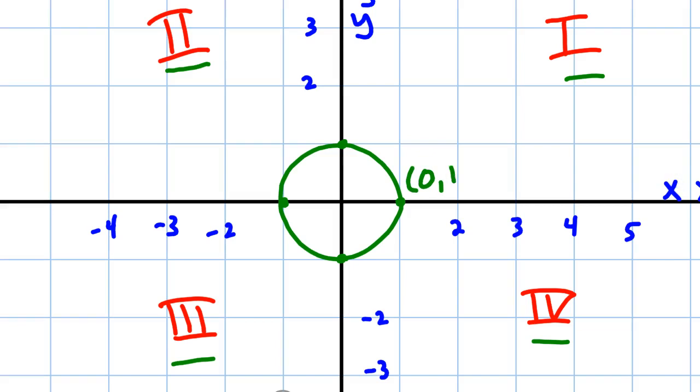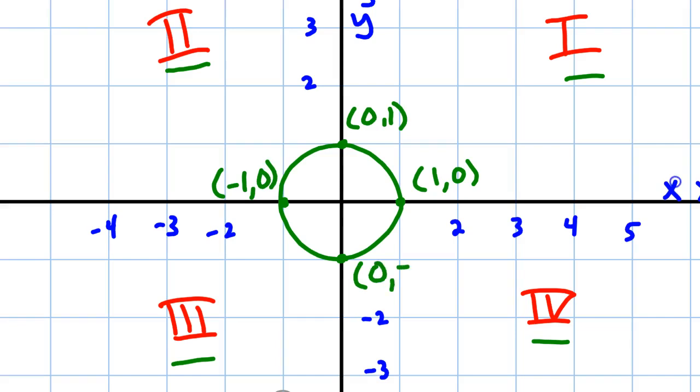Or, sorry, I went the wrong way. So that's 1, 0 for that point right there. This point here, 0, 1. This point over here on the left, negative 1, 0. This point on the bottom is 0, negative 1.